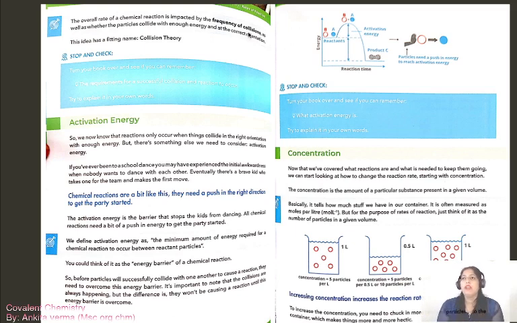For example, if in one reaction the number of collisions in 1 second is 1,000, and in another reaction it is 500, then for us the useful and very fast reaction is the one in which the number of collisions is 1,000. But we have to take care about the successful collisions. Due to the collision, we give this theory the name collision theory.